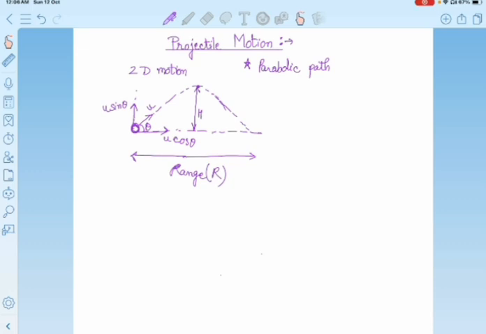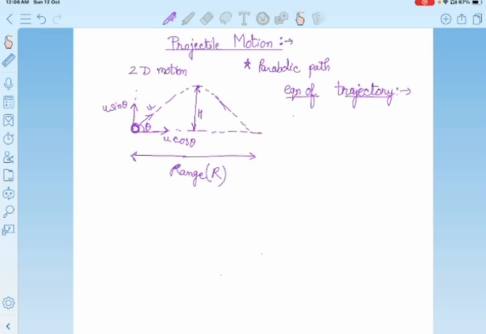Now, your first task is to find the equation of the trajectory. So, how to find the equation of the trajectory? For this, pay attention towards the x-axis.